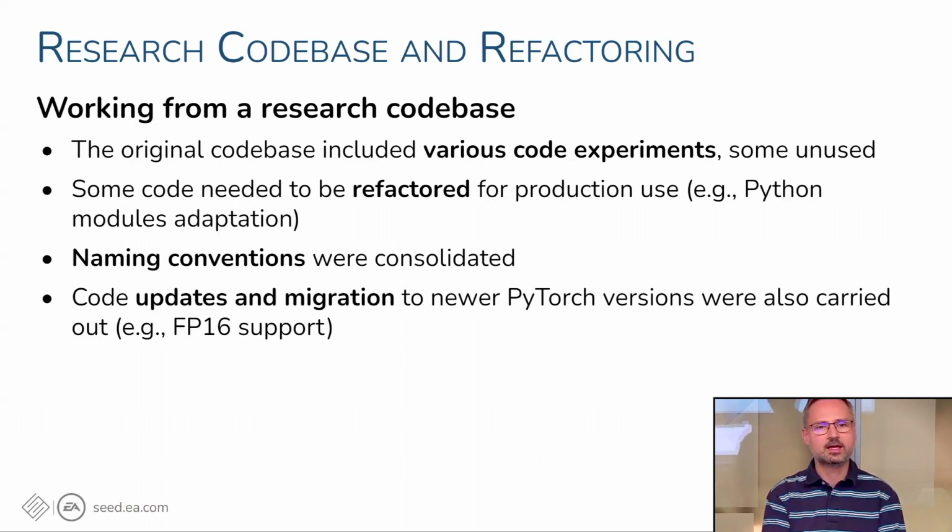For instance, adapting different parts of the code to be packaged as Python modules, and also consolidating some naming conventions in the code base, as well as migrating to a newer PyTorch version and doing updates, for instance, for having half precision support.